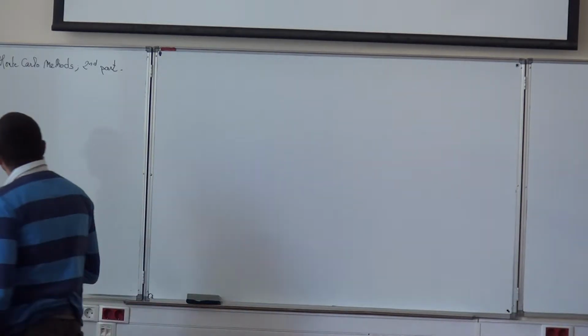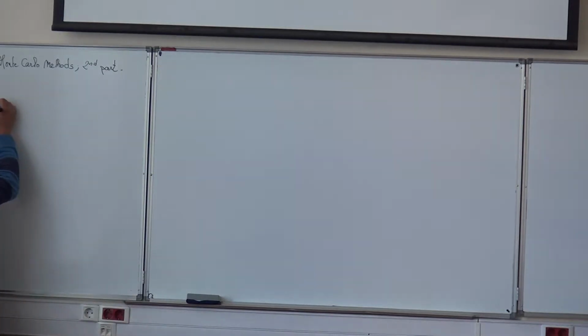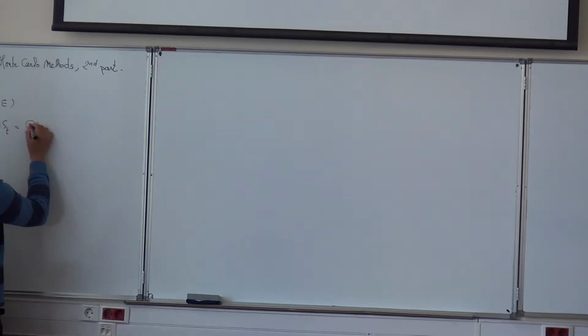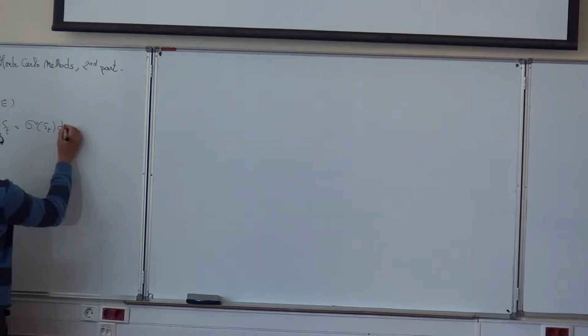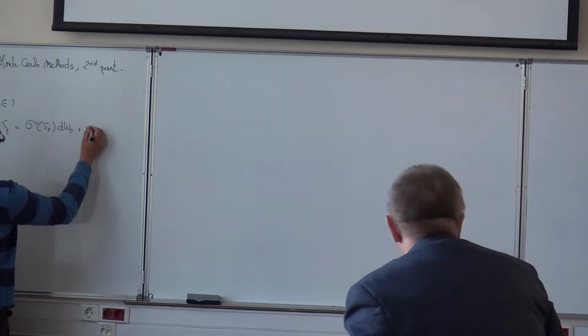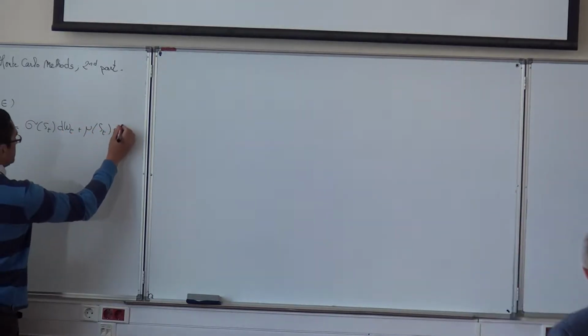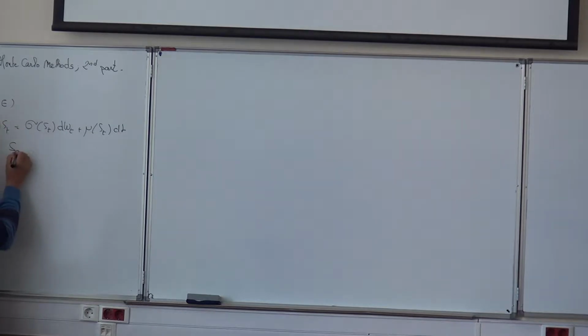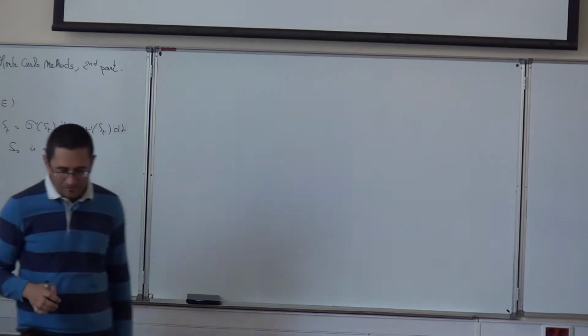Last time we considered this classical SDE: dS_t equals sigma(S_t) dW_t plus mu(S_t) dt, where the initial value is given. Okay, so this is very classical.